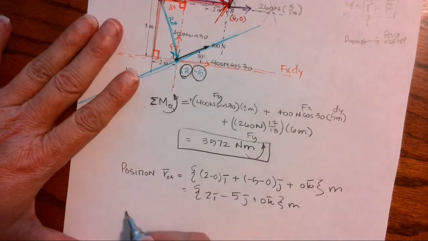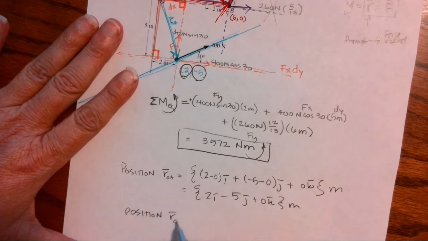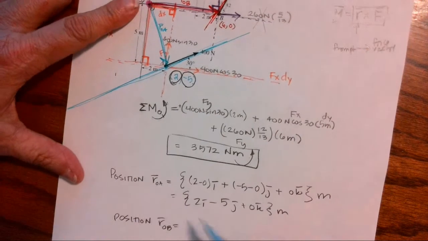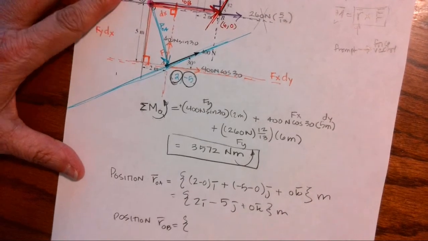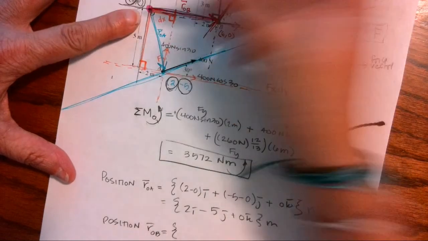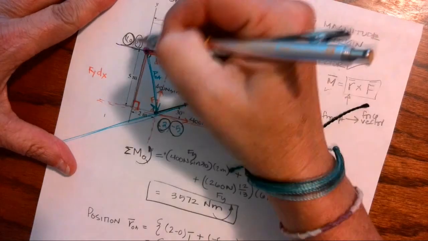And we can do a position vector from O to B. And again, I'm going to do the same process. I use tip minus tail, tip of position to tail. So 6 minus 0.